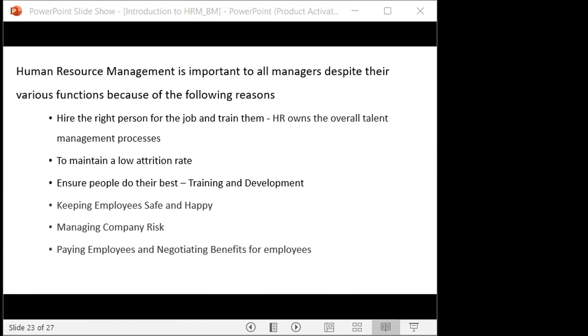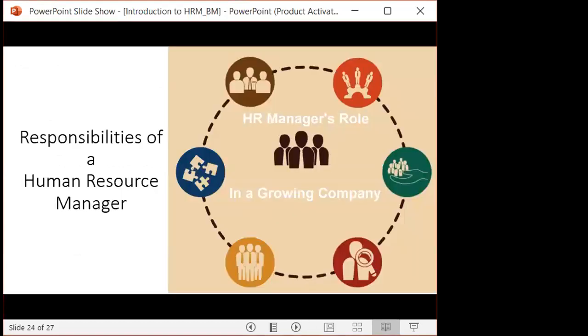Right. So now we are going to identify the responsibilities of a human resource manager. I would like to give you a practical activity.